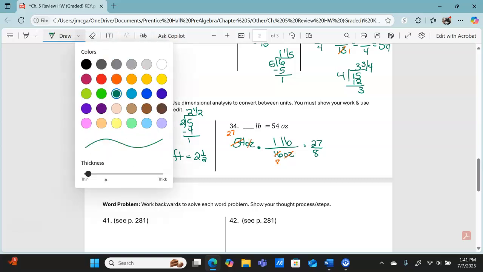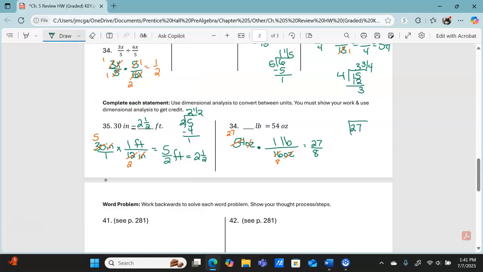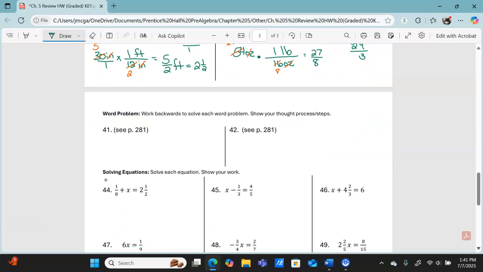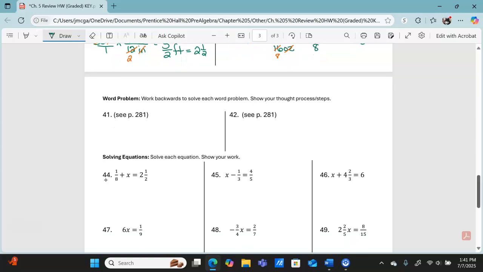And so we take our 27, you got plenty of room to do this, divided by 8. We're going 3 times with 3 left over, so we get 3 3/8. Must use dimensional analysis because we're learning a process that we can use with more difficult things later on.